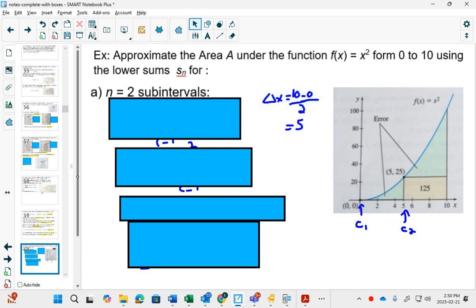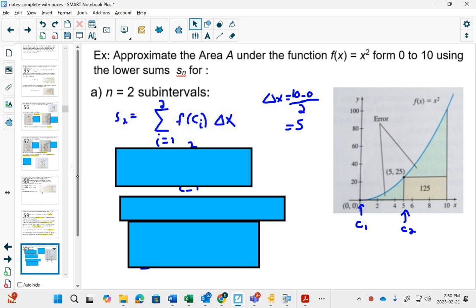So if we did this in two sections, from 0 to 10, does that make sense that each of your sections would be 5 width-wise? Okay? And you're going to add up both of those rectangles using the lower sums.